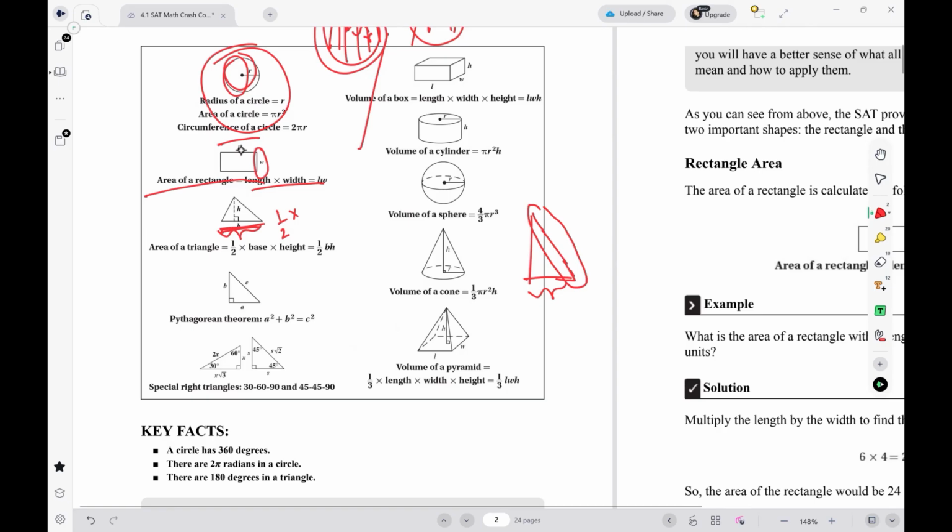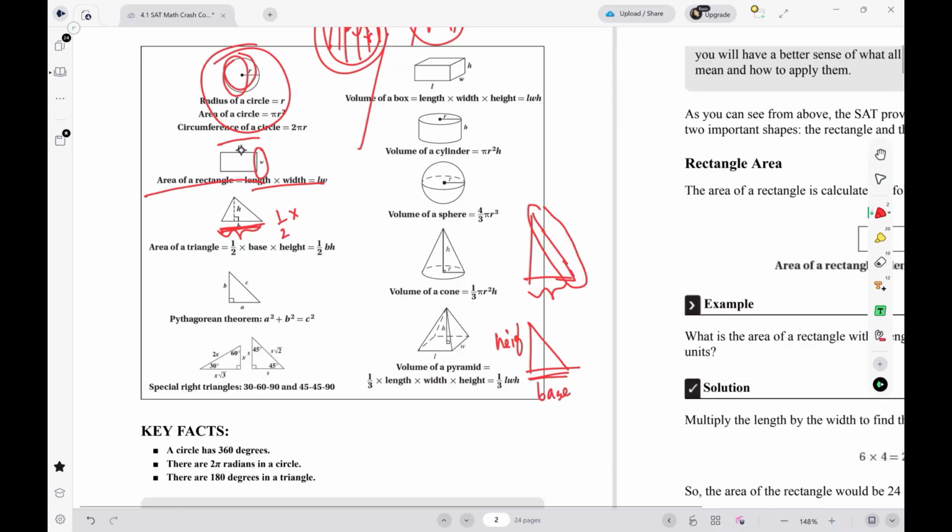So for example, if I take the base to be this side, the height is the perpendicular distance from the other vertex, like this. So this would be the base, and this would be the height.